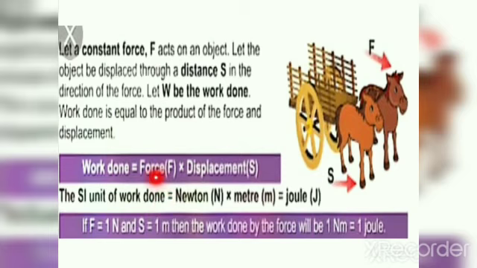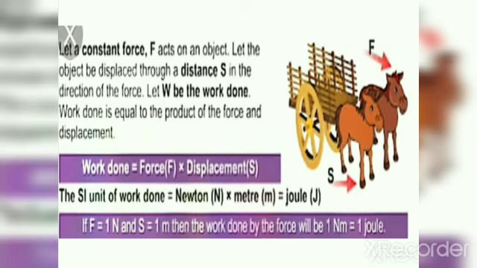Now the SI unit of work done. What is the SI unit of force? It is Newton. And what is the SI unit of distance or displacement? It is meter. So it is Newton meter, and you can also call it a joule. If force is equal to 1 Newton and displacement is equal to 1 meter, then the work done by the force will be 1 Newton meter, that is 1 joule.